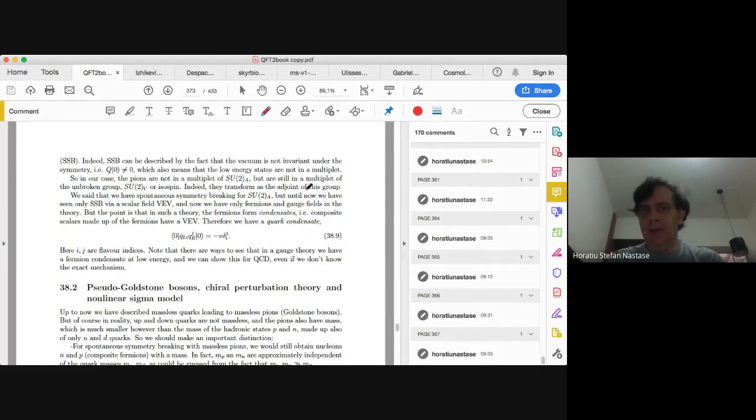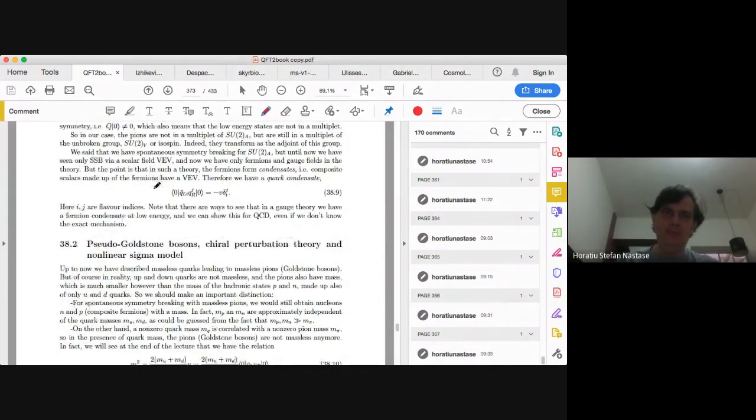Specifically, they transform in the adjoint representation, which is 3-dimensional. So pi plus, pi minus, and pi 0 transform like sigma plus, sigma minus, and sigma 3, which are the adjoint representation of SU(2).